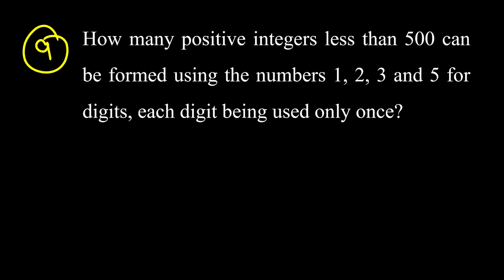And please read the numbers carefully: 1, 2, 3 and 5. 4 is not there. Don't assume 1, 2, 3, then 4 and 5. 4 is not given. I gave 1, 2, 3 and 5 only. Don't take it that way. But still, let me see how many of you can give the correct answer. I'll wait for that. Less than 500.